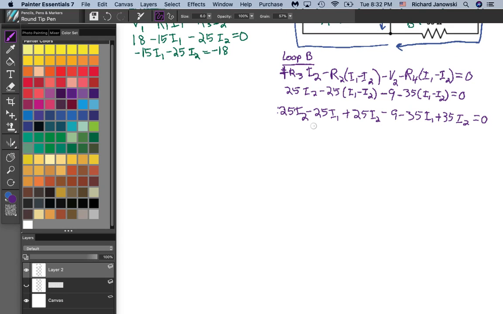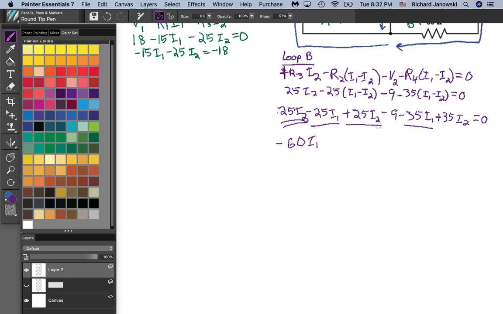So one little tip is go in and underline all the terms you're going to deal with first. So we're going to deal with the I1s first. So minus 25 I1, minus 35 I1, and that's all of our I1 terms. So that's going to give us minus 60 I1. And then, all right, let's use double underline for the other ones.